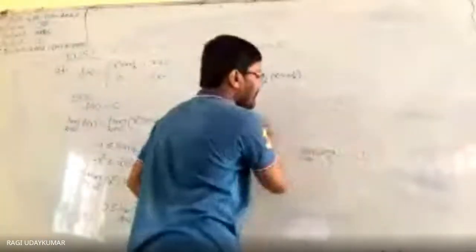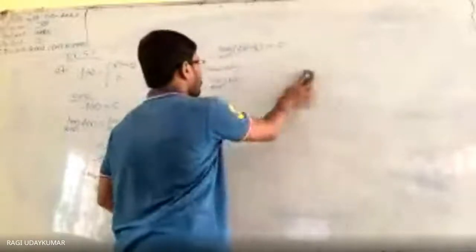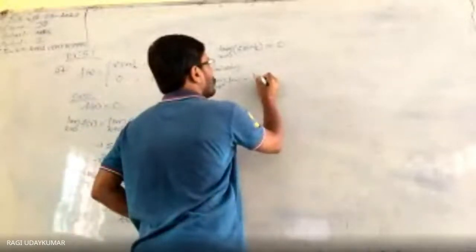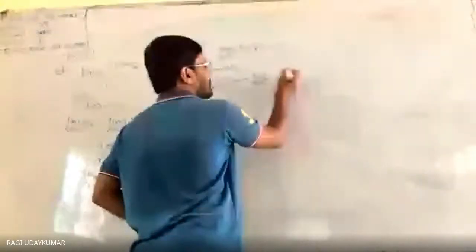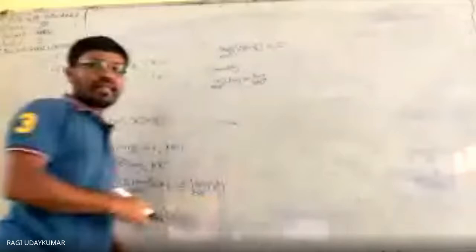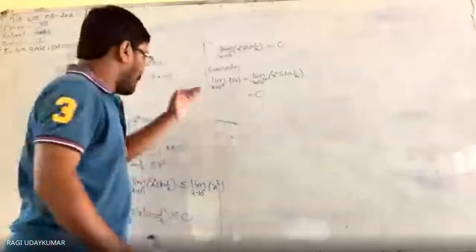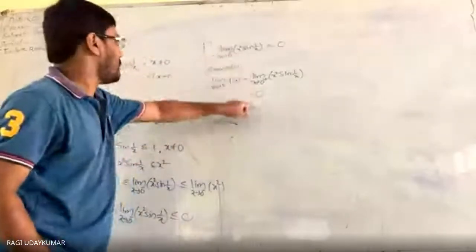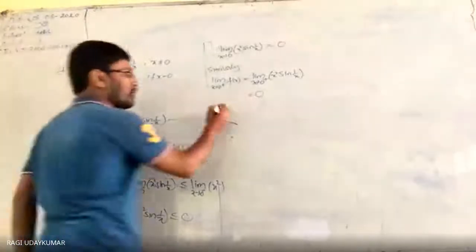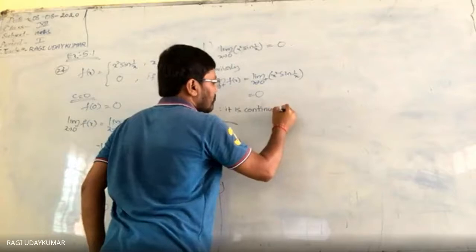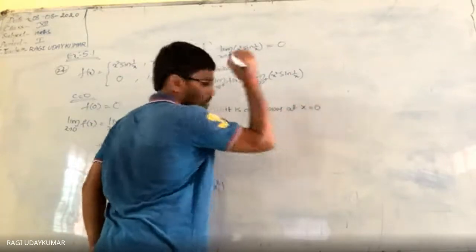So in this problem, limit x tends to 0 plus f of x, with f of x taken as x square sin 1 by x, we also take as 0. So right hand limit is 0, left hand limit is 0, the function value is 0. Therefore, you can say that it is continuous at x equals 0.